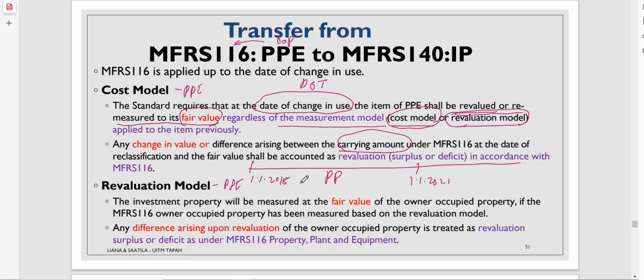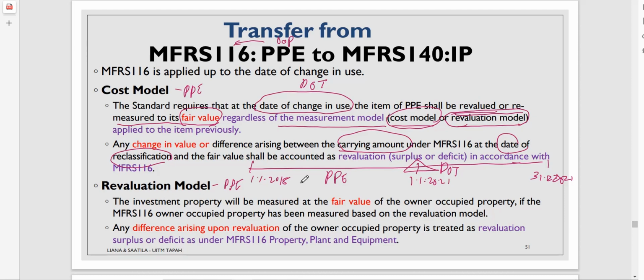Here it is still a PPE. And this is the point where you need to look at it, that is on the date of transfer. And let's say this is 31st of December 2021. So the reclassification date in our case here is 1st of January 2021.